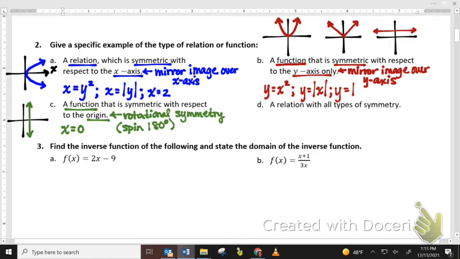So could you do y equals 0? Let's draw it up here and see if it works. Y equals 0 would be right here. If I take that, I stick a push pin right on the origin, and I spin it 180 degrees. Does it match up? Yes. So that one would work.